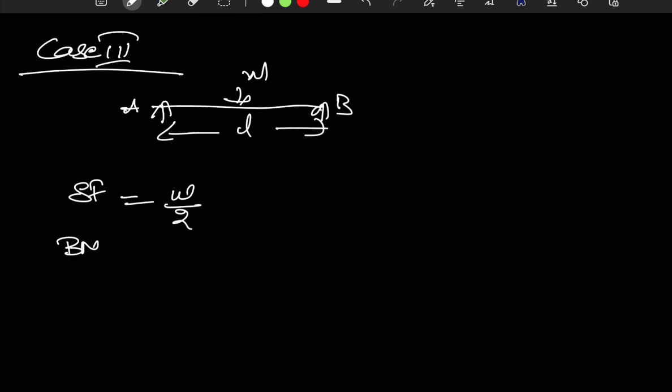The bending moment formula: maximum bending moment occurs at C, the middle point, and it is WL by 4.